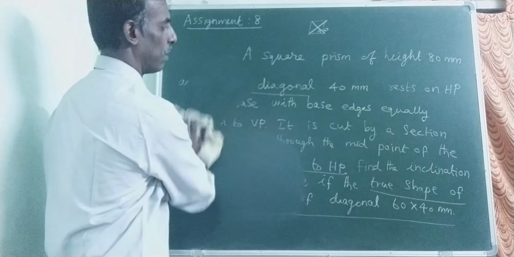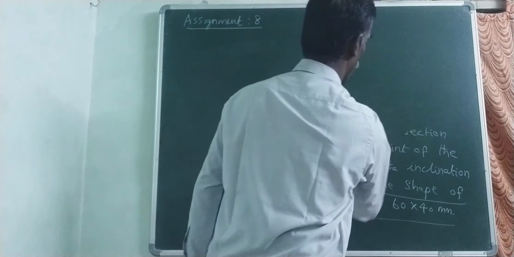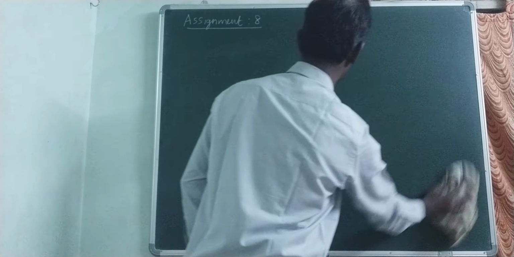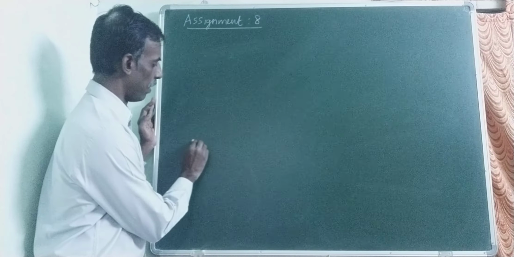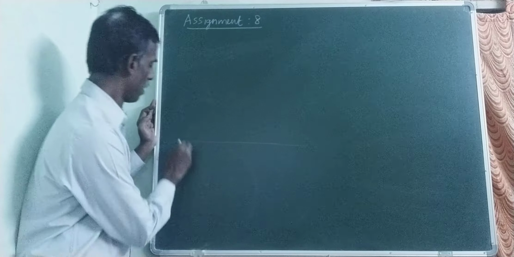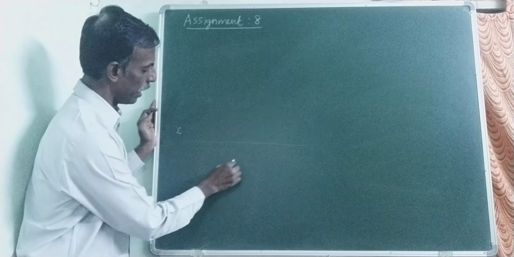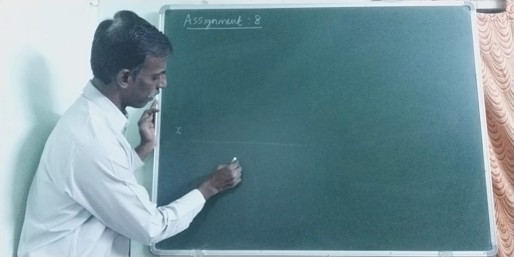Instead of that, the true shape is seen as a rhombus of diagonals 60 by 40 mm. For the square prism the side is not given, so keep one of the sides at 45 degrees inclination. In that case only you can get the rhombus.